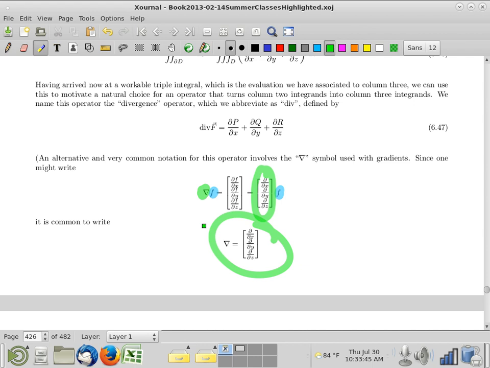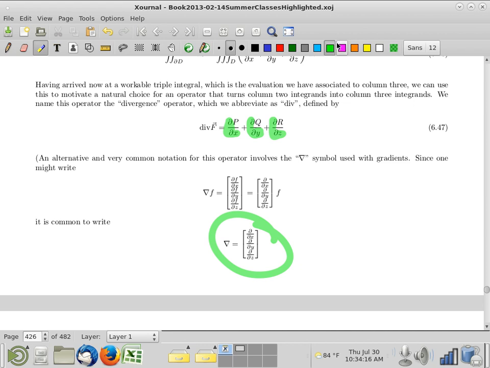Now, once I've done that, notice that kind of shows up in this formula for divergence. Right? X partial, Y partial, Z partial. It's just that in this formula for divergence, we're not doing these 3 partials to the same single function like we did with gradients, but nevertheless there's an X partial, a Y partial, and a Z partial.